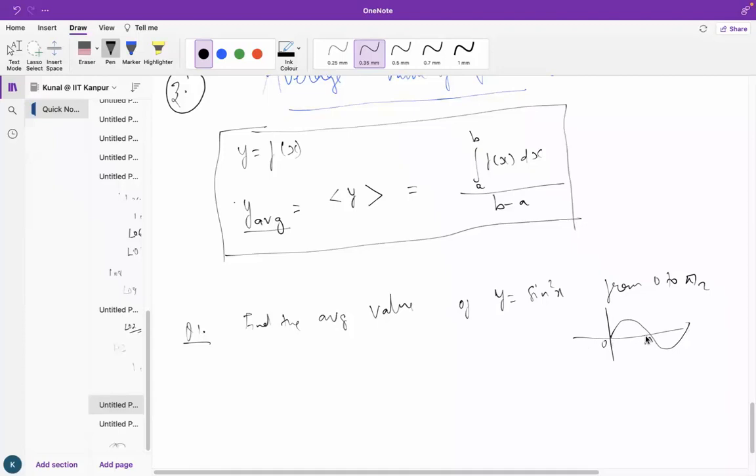There is 0, there is pi, there is 2 pi, everyone knows, right? And there is the value pi by 2, and at pi by 2 the value of y is 1. We have to find the average value in this region. What is the average value of sin x in this region from 0 to pi by 2?